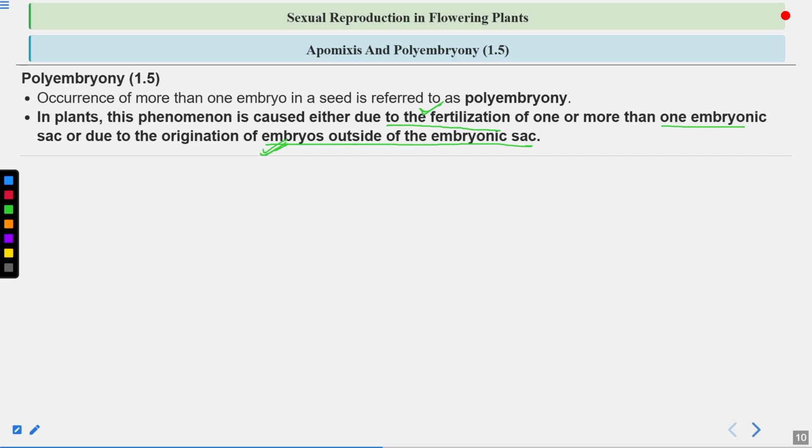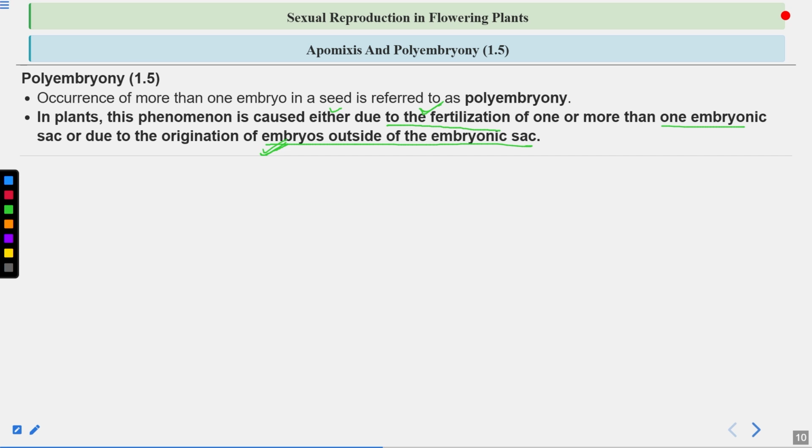So in plants, this phenomenon is caused either due to the fertilization of one or more than one embryo sac, or due to the origination of the embryo outside the embryo sac. So what is present outside the embryo sac?